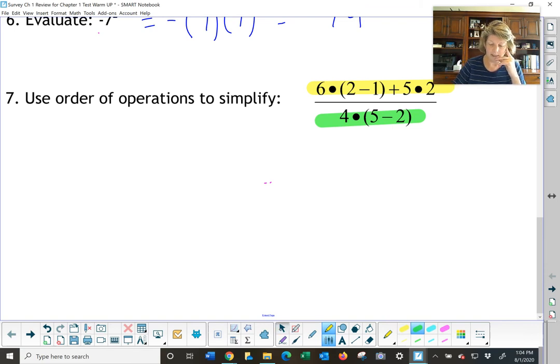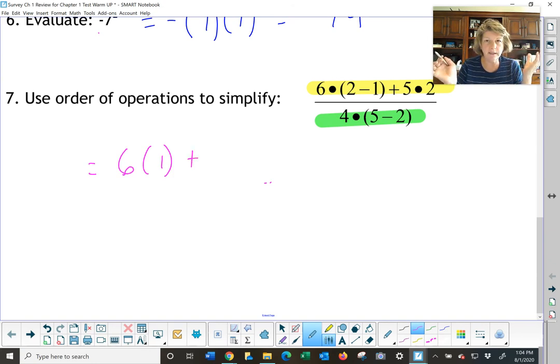So let's go across the top. Across the top, I would get 6 in parentheses, a 1. So I'm going to have 6 times 1. I'll hold off on doing that for a moment. Addition always comes at the end. I need to multiply before I do addition. So I get a 10 there.